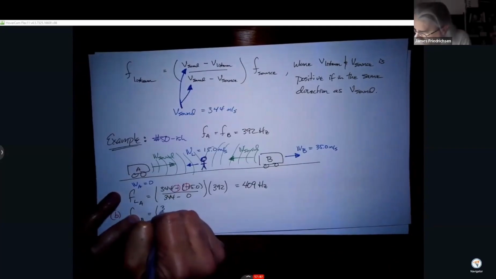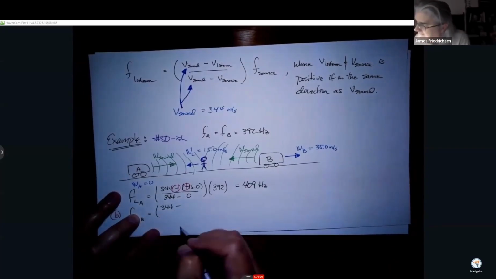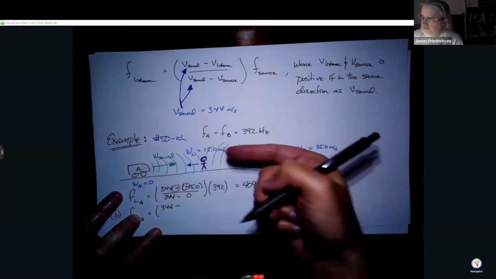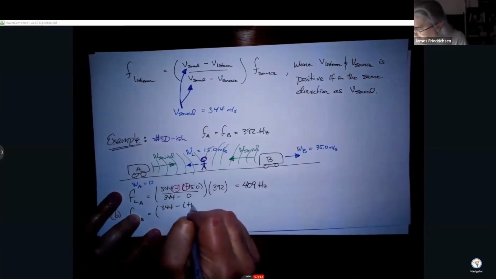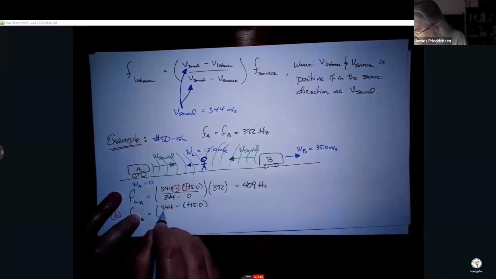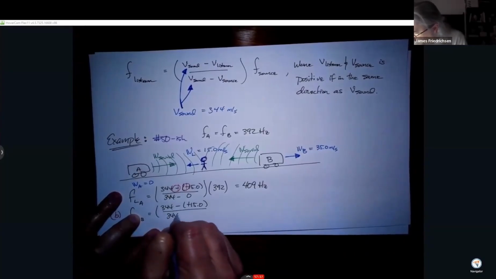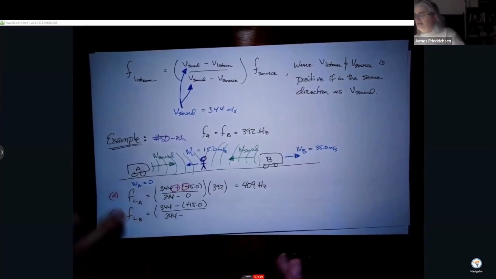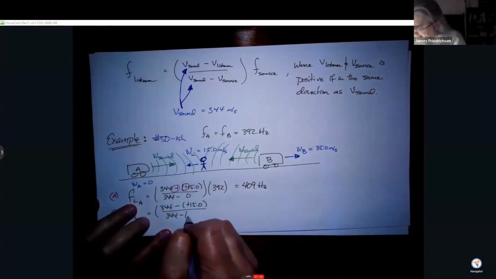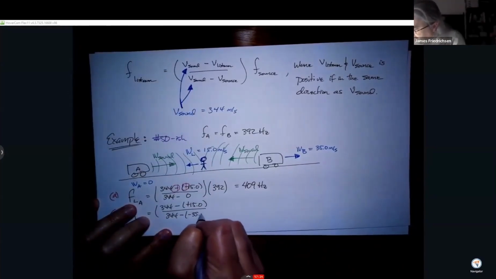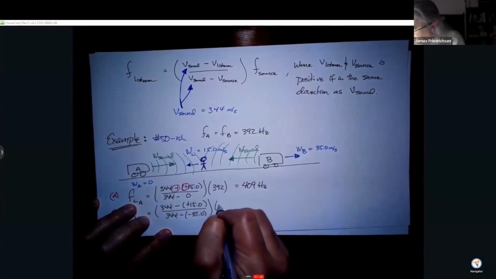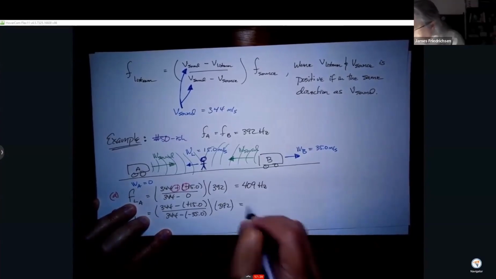So we'll put in our 344 minus, and so since these both go the same way, this will be positive 15. 344. Now, since these go opposite, that'll be a negative 35. And then multiply by our 392.